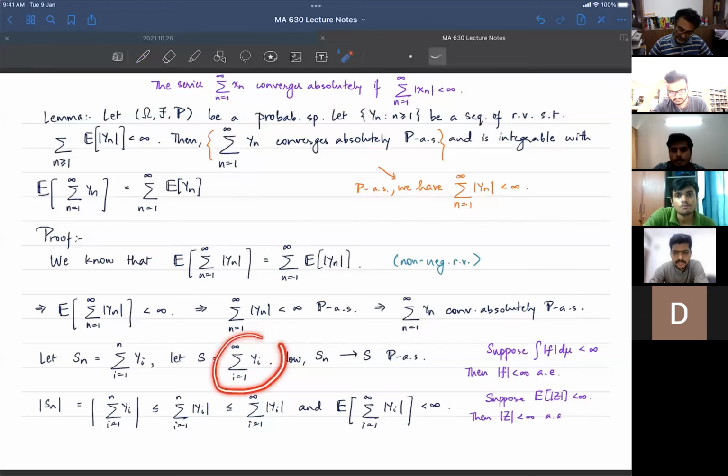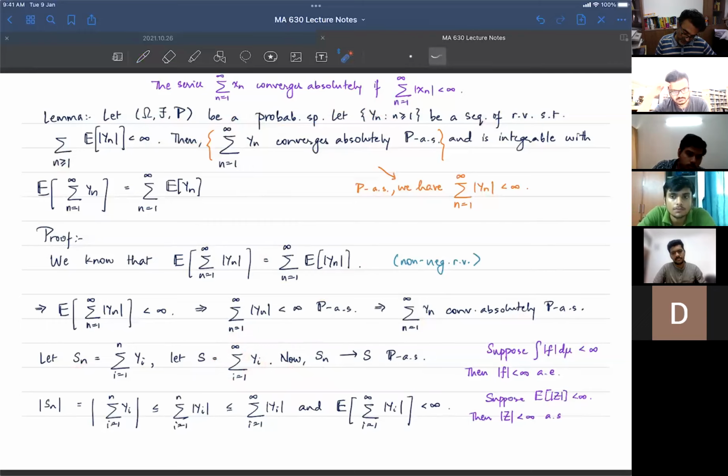That means if you take this series and you put absolute values here and you sum it all up, it's still going to be finite. Okay. Now, what else do you know? You know that if a series is convergent, then the sequence of partial sums converges to the sum of the series. So Sn converges to S almost surely.